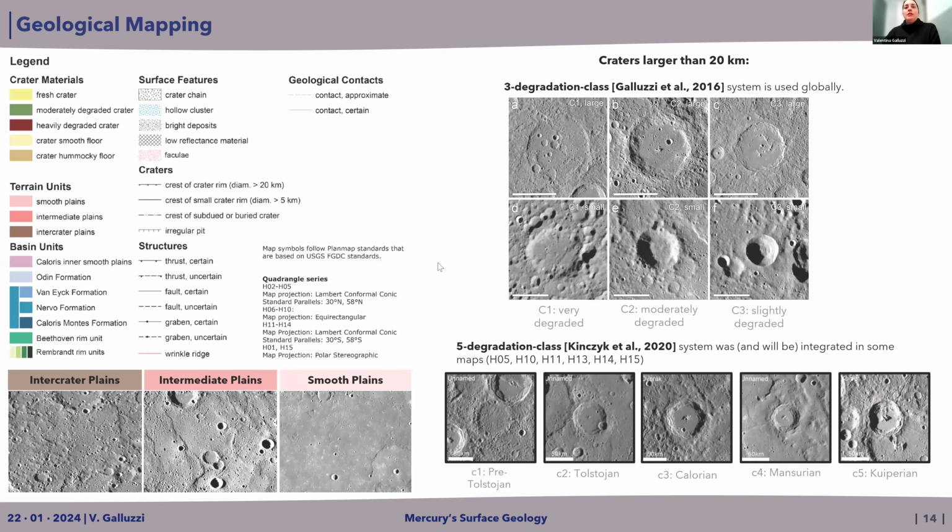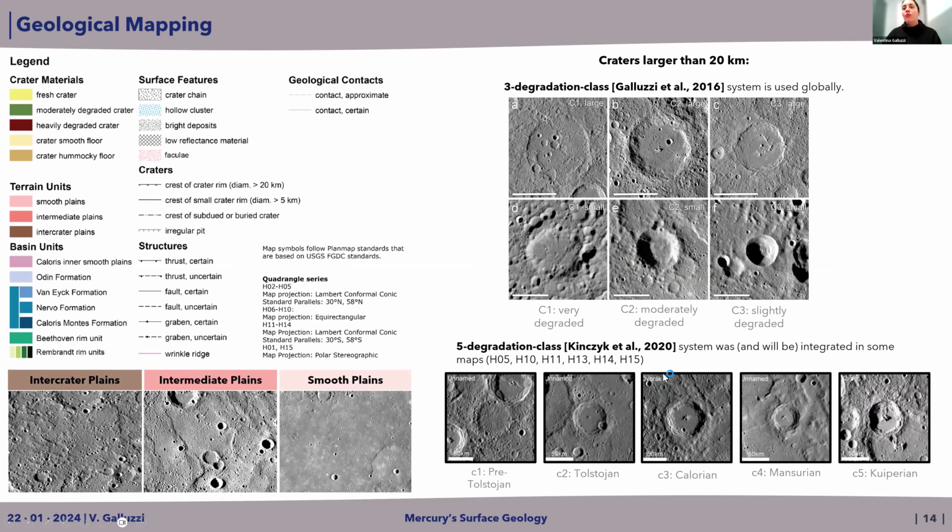How did we build our geological maps? I already said how we distinguish the three main geomorphological units. And then we classify craters either in 3 degradation classes or 5 degradation classes. The 5 degradation classes were published by Kinczyk et al. 2020, and they aim at finding a correspondence between the morphology of the crater and the age of the crater.